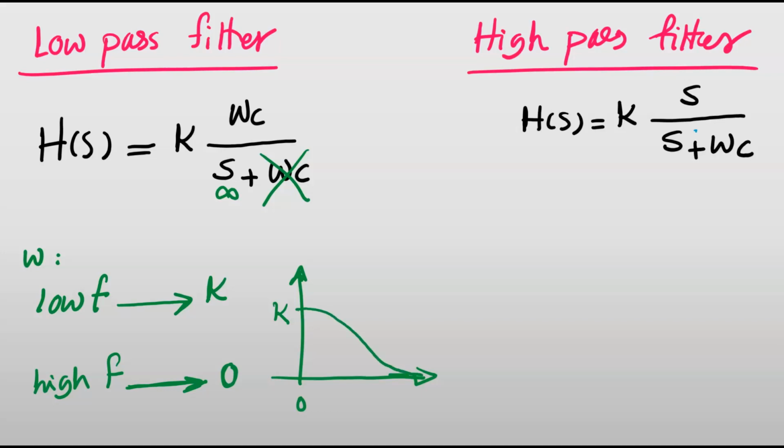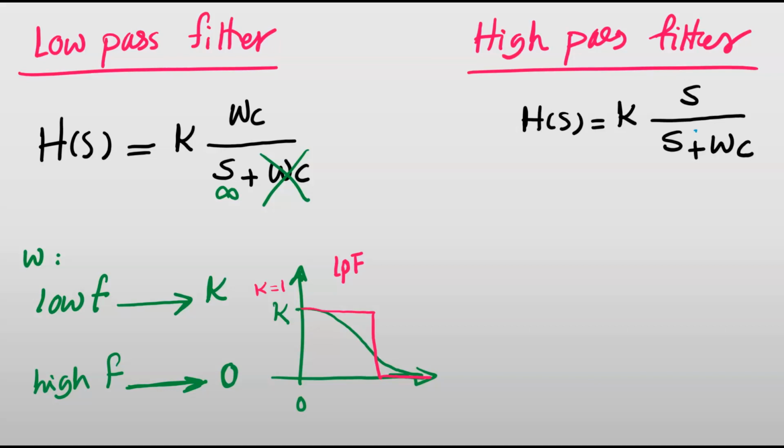And this is similar to an ideal low pass filter, for K equal to 1. So we consider something like this to be a low pass filter. Now, let's go to high pass filter and see why we consider this transfer function to be the general form of a high pass filter.